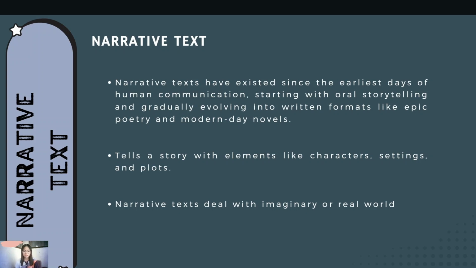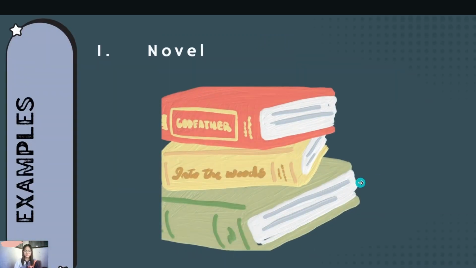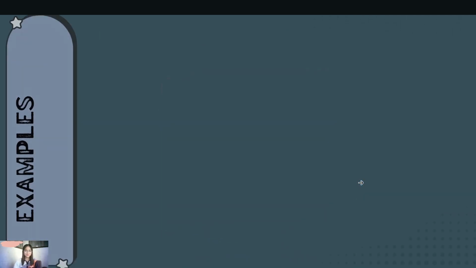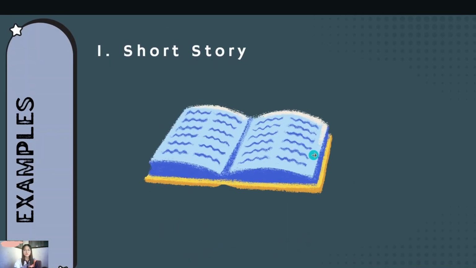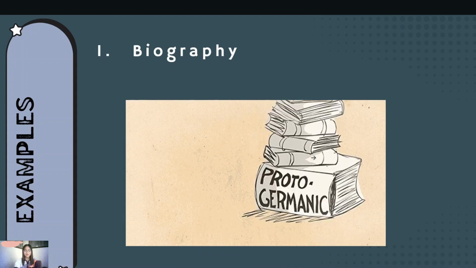They typically include settings, characters, and a plot which guide the reader through the storyline. Basic examples of narrative text are the novel, the short story, and of course the biography.